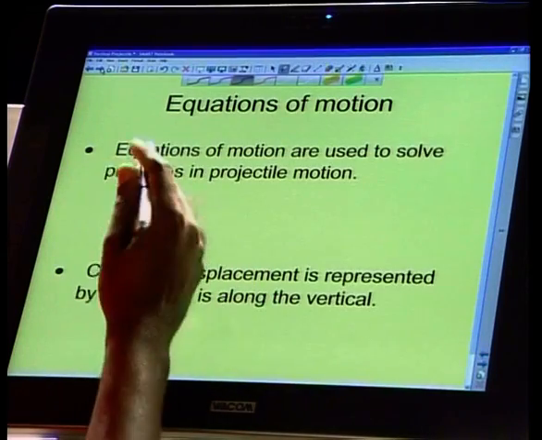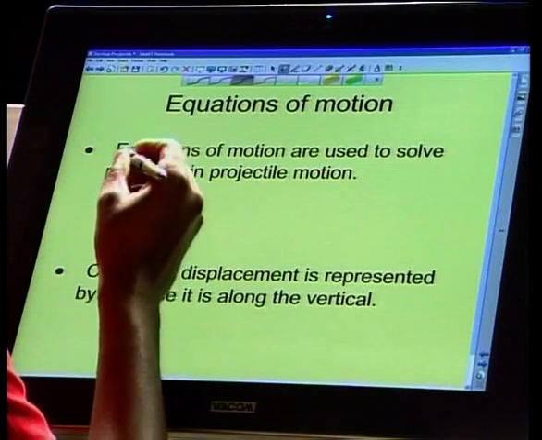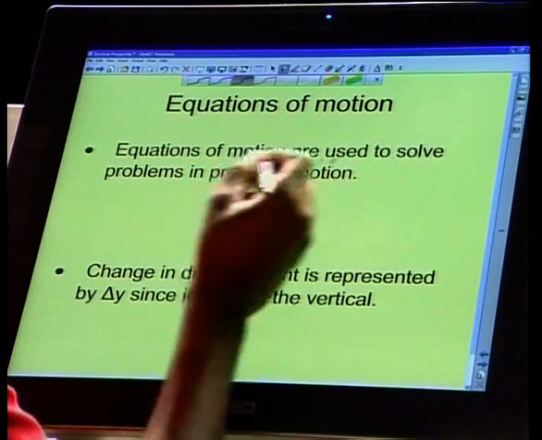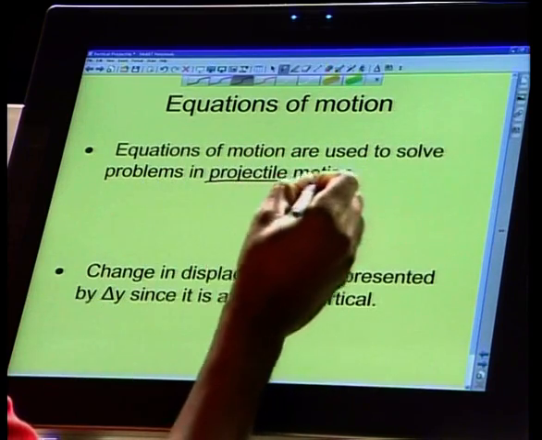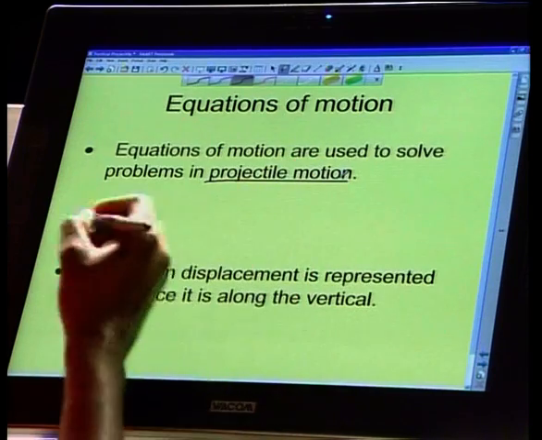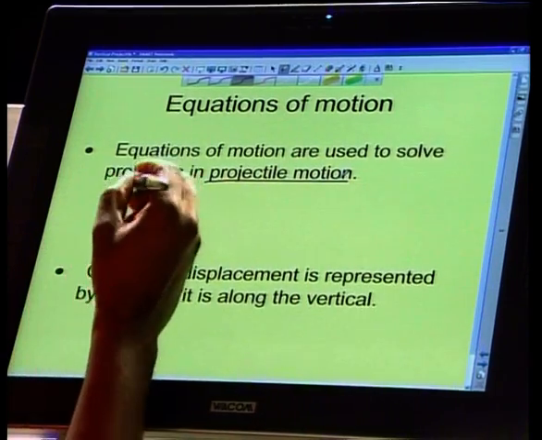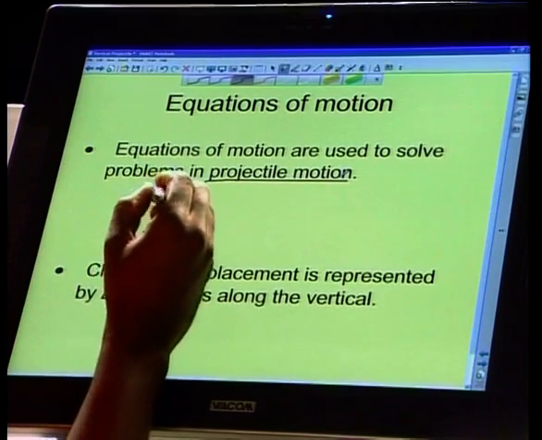The answer is yes, we can use the same type of equations. Equations of motion are used to solve problems in projectile motion. So what are those equations if we were to go back and revise a bit?